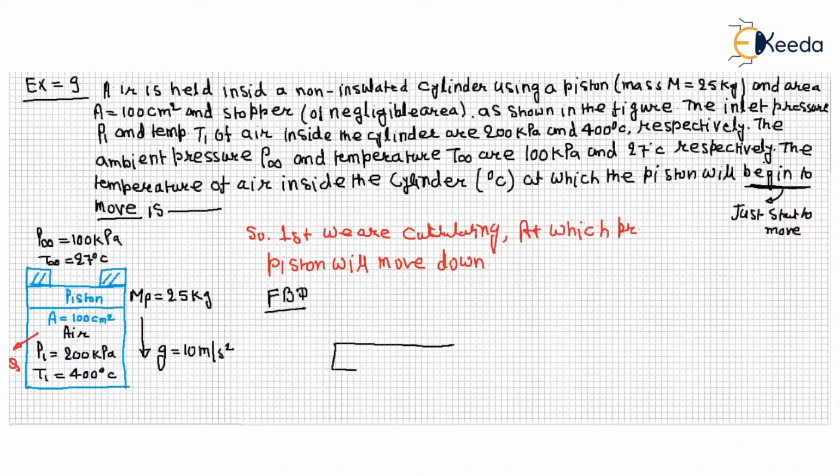This is our piston, and this is the atmospheric pressure, P infinite. Also there is a pressure due to the weight of the piston, because the mass of the piston is given, and this is the pressure at which the piston will fall down.